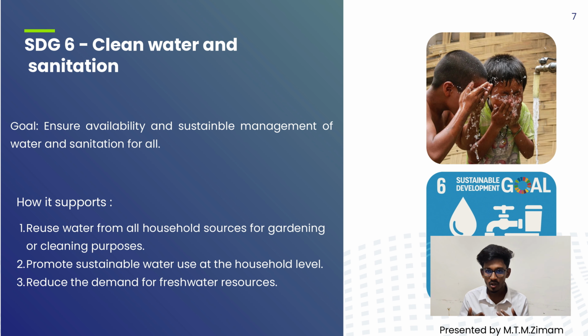In our project, we focused on using water wisely and reducing waste mainly through simple practices like reusing household water for gardening or cleaning. These small actions create meaningful benefits. They reduce pressure on freshwater sources, encourage families to follow sustainable habits, and help lower water bills. For households and local communities, this directly supports long-term water security and cost savings.